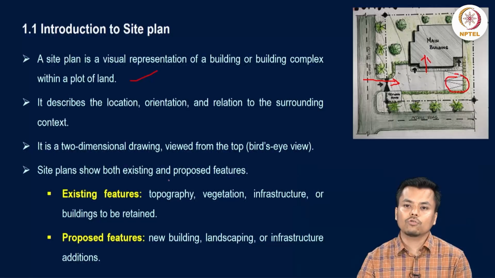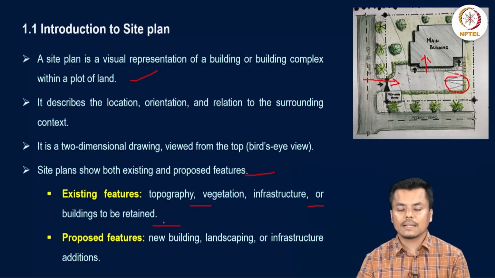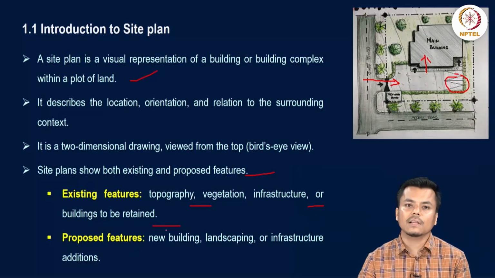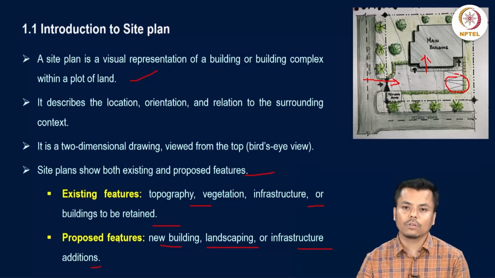The site plan shows both existing and proposed features. Existing features are like topography, vegetation, infrastructure, or the buildings that have to be retained, and proposed features are like the new buildings, landscaping, or infrastructure additions that are done on the site. This information is to be shown along with the scale at which it is prepared, and the major road details.